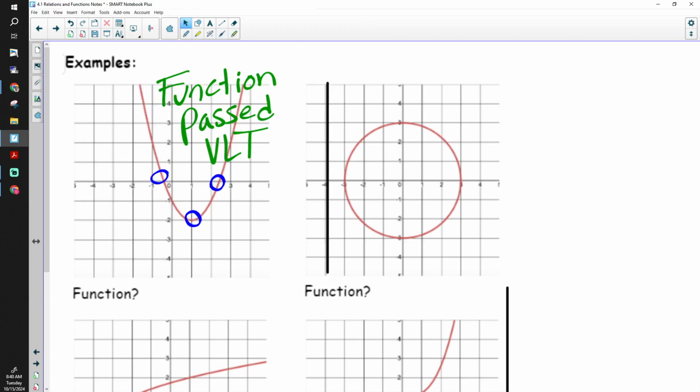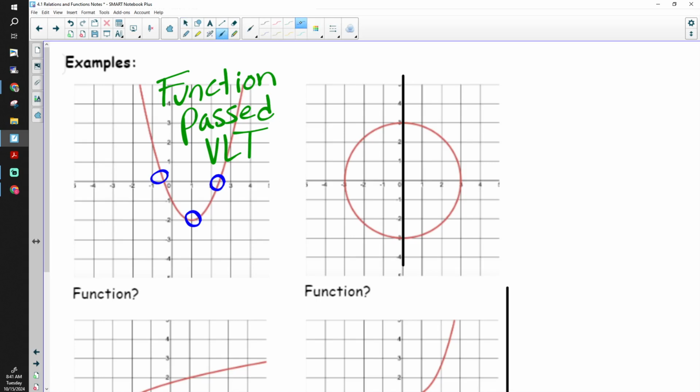Now let's go on to our circle over here. Circles are the bane of algebra's existence, and here's why. If I take my pencil and I lay it in the middle of my page, yikes, what's happening? It hits twice. And hitting twice in algebra means there are 2 outputs.